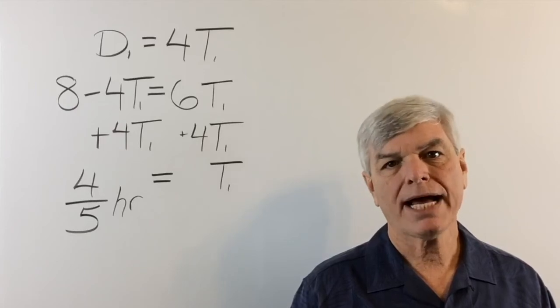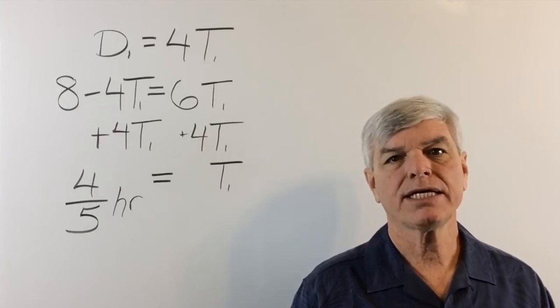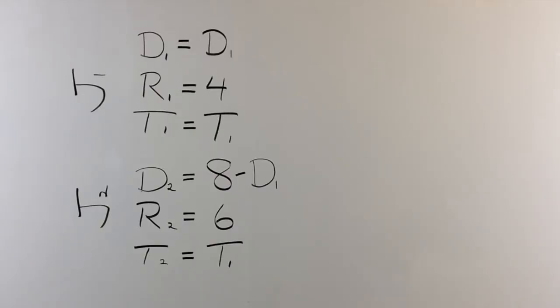Now let's go back into the grid and fill in the rest of the numbers. And that's a real good way to check your work. Okay, T1 was 4/5. T2 was 4/5. And so D2 equals R2 times T2. So that would be 6 times 4/5. Do you see that? Take the time, look at that.